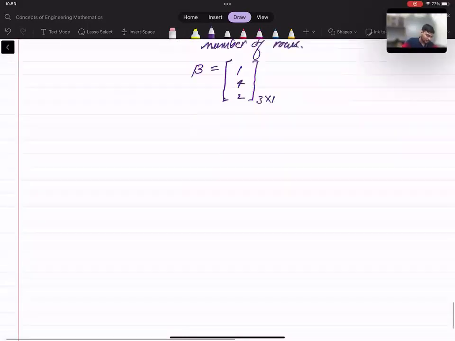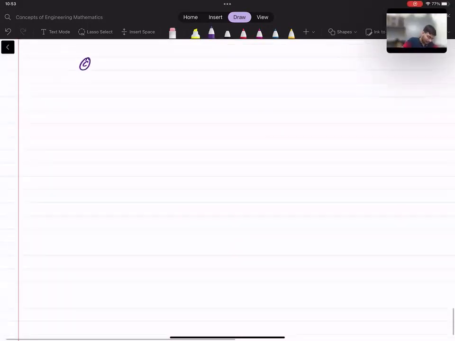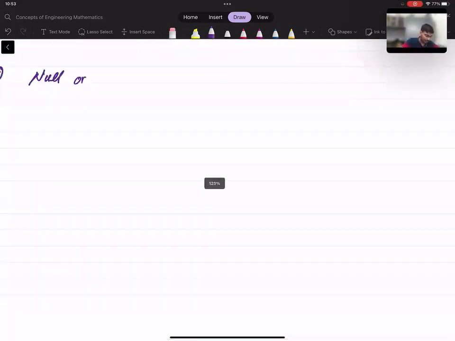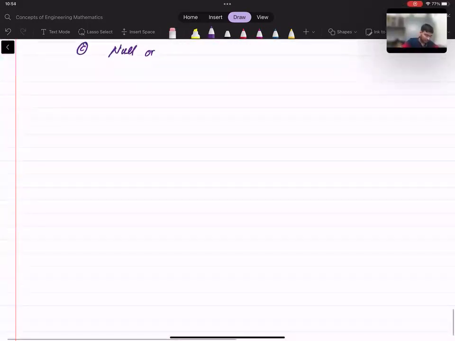So third one is a null or a zero matrix.